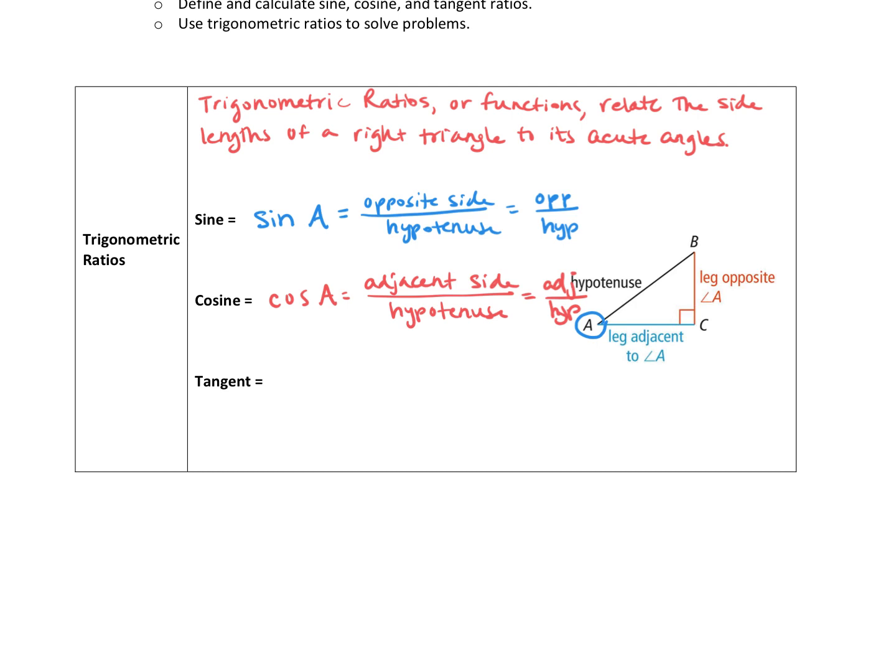All right, the last one is our tangent function. So we write that as TAN, tangent of angle A, is the ratio of the opposite side over the adjacent side. And that abbreviation would be OPP over ADJ, opposite over adjacent.